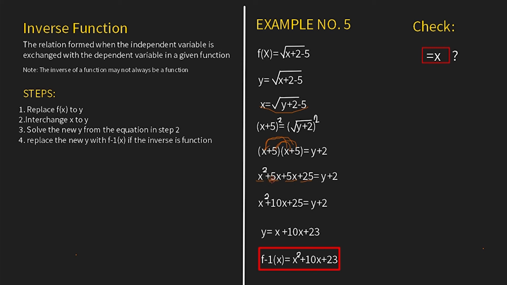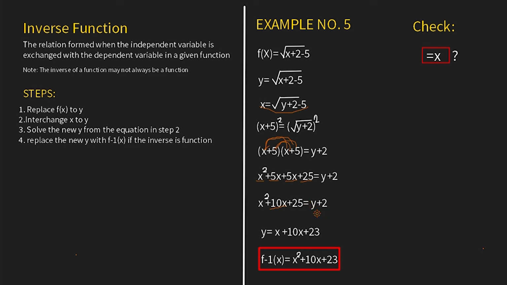And so x squared plus 5x plus 5x plus 25 is equal to y plus 2. Now, we combine the like terms, which is 5x plus 5x is equal to 10x. Now, we have x squared plus 10x plus 25 is equal to y plus 2.